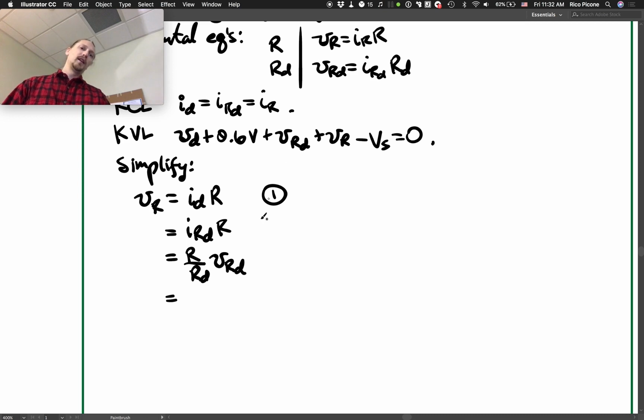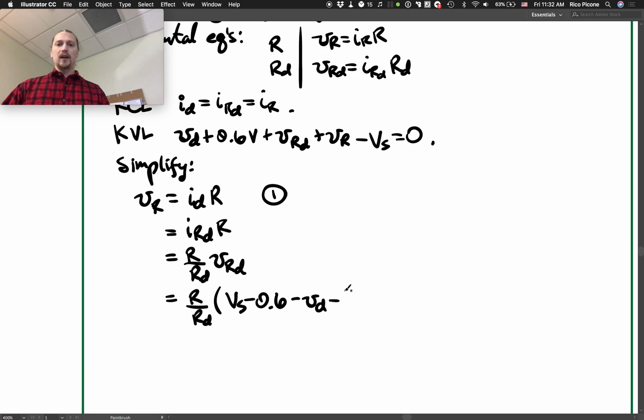So VRD is equal to VS minus 0.6. I'm going to say we're going to write all of our voltages in volts, so we don't have to keep writing V. Minus VD minus VR. Right?